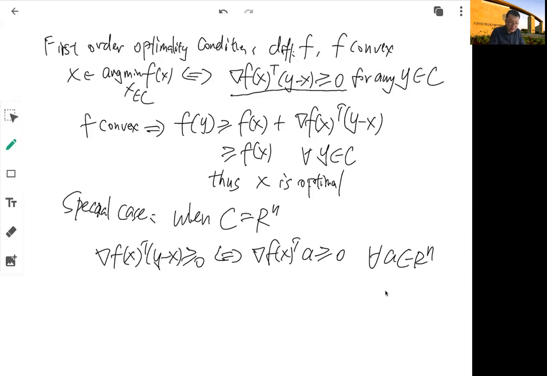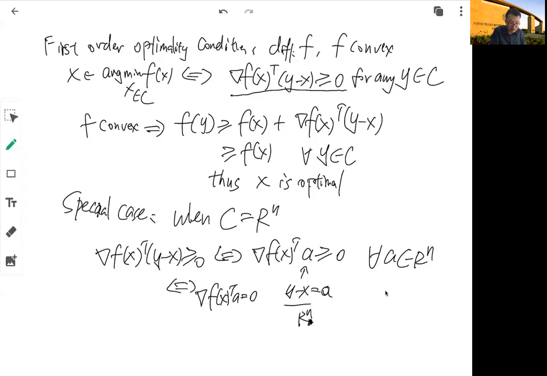right? Since x is fixed and the constraint is R to the n, for any such a, we can construct a particular y such that y minus x is equal to a, and the set of all these is R to the n. So we can write this, but this is also equivalent to being equal to 0.